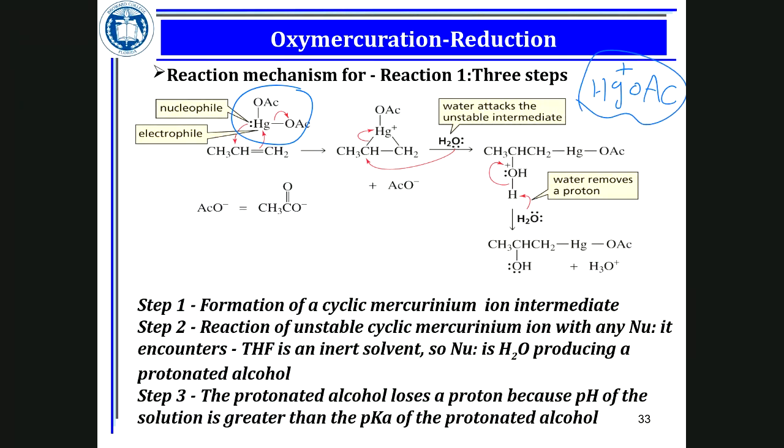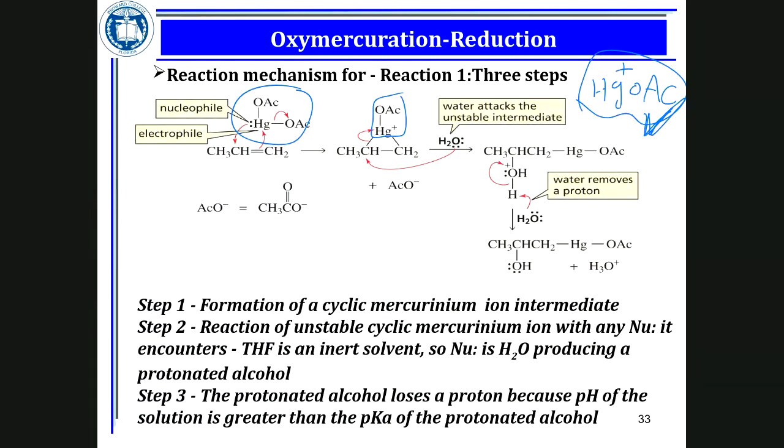Or you could say that mercury diacetate is going to be attacked by the pi bond, and then the leaving group is going to leave. But this is the net result. If you say this is going to form first and then form a bond with the carbon-carbon double bond, it is also valid because there are books that explain it this way.